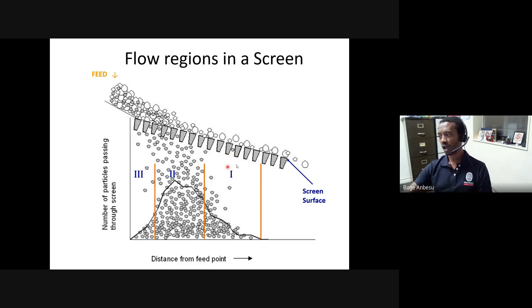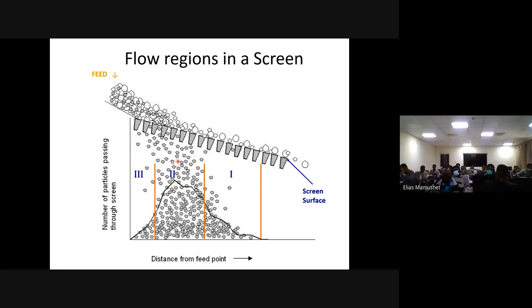Here, no fine particle is passing through the screen. Again, in region 3, no screening is happening because particles are very crowded and fine particles are trapped within large particles and not falling through. Where actual screening is happening is in region 2.